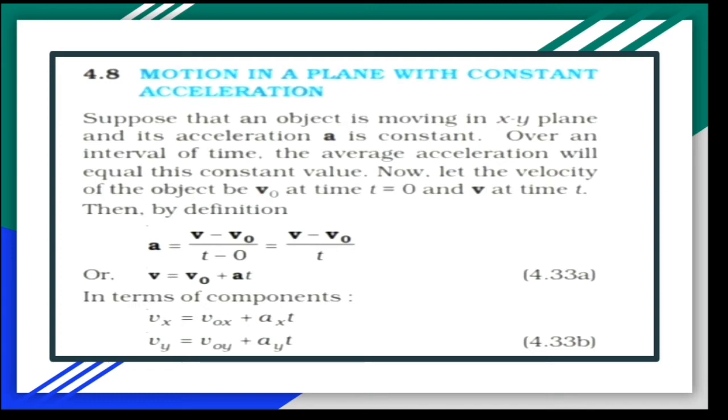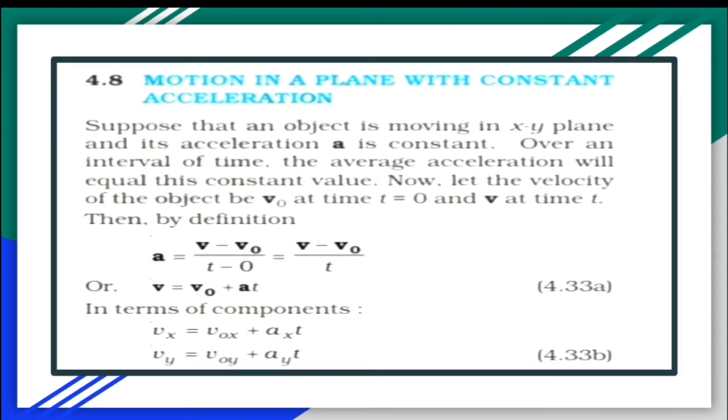So what we need to do is just take that equation in one-dimensional motion, then replace v with the vector v, v0 with the vector v0, a with vector acceleration. That's what we need to do. So here we have vector v is equal to vector v0 plus vector a t.